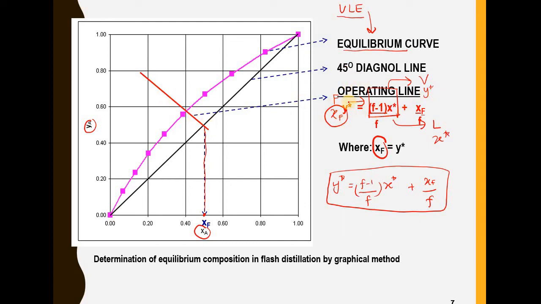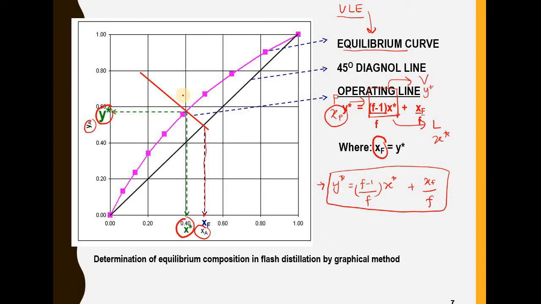When we have this equation from the operating line, we can find the equilibrium value for Y vapor, and we can also know the equilibrium value for X here.